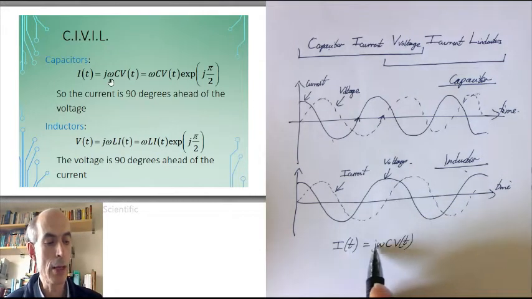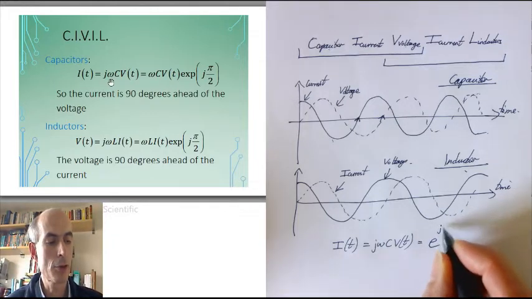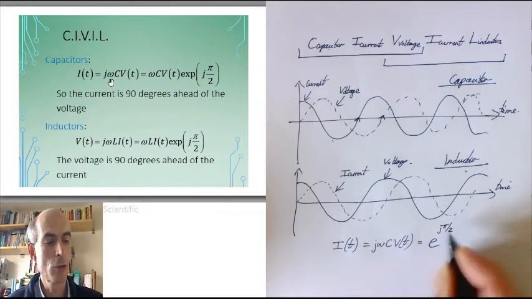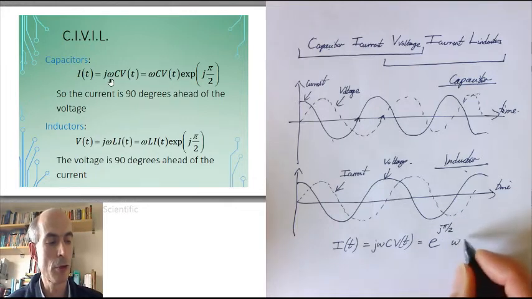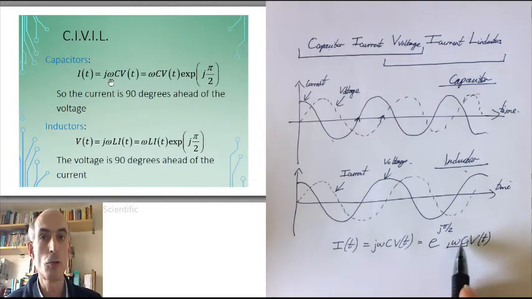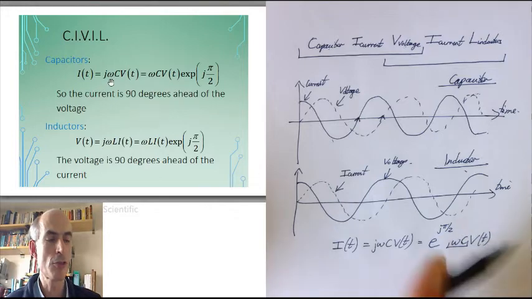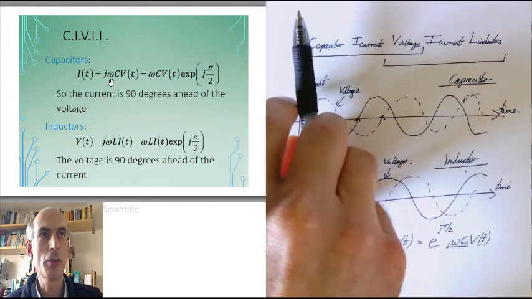Well, j is e to the power of j times pi over 2, or 90 degrees, times omega C and V, and omega C is real. And multiplying something by e to the j pi over 2, or just j, effectively rotates it through 90 degrees on the Argand diagram.